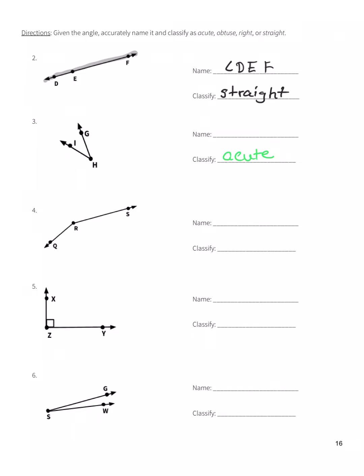And I would label, classify, or name this angle as IHG because H is my vertex or my common endpoint. Next, I look at this angle and I can see that it is more than 90 degrees. So it is an obtuse angle. And I'm going to name this angle using the common endpoint, QRS.